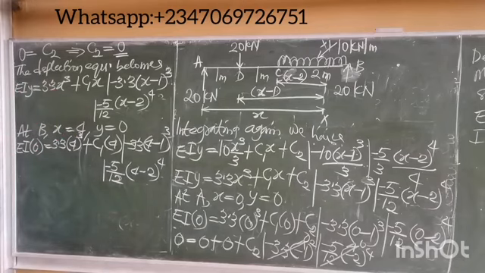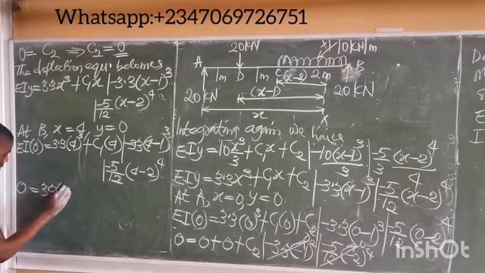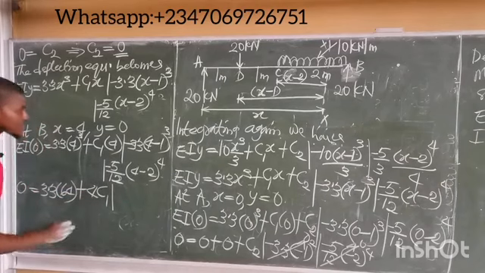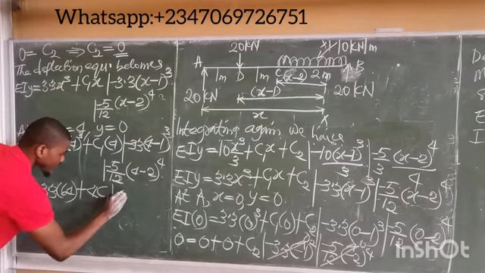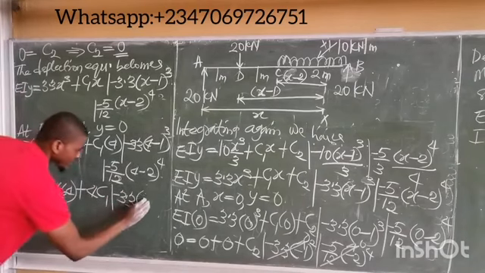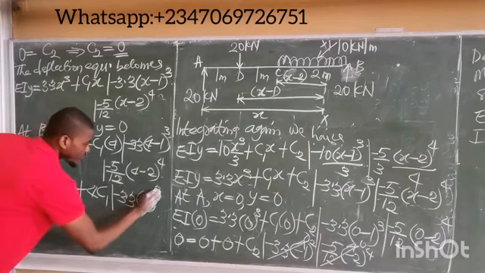Of course, EI times 0 simply gives us 0. And this is equal to 3.3 multiplied by 4 to the power of 3, which is 64, plus 4 times C1, which is simply 4C1. Open your Macaulay's bracket. Here we have minus 3.3 into 4 minus 1, which is 3 to the power of 3.